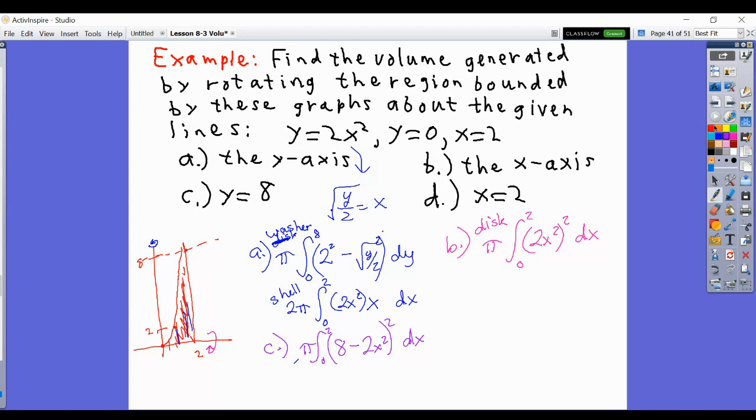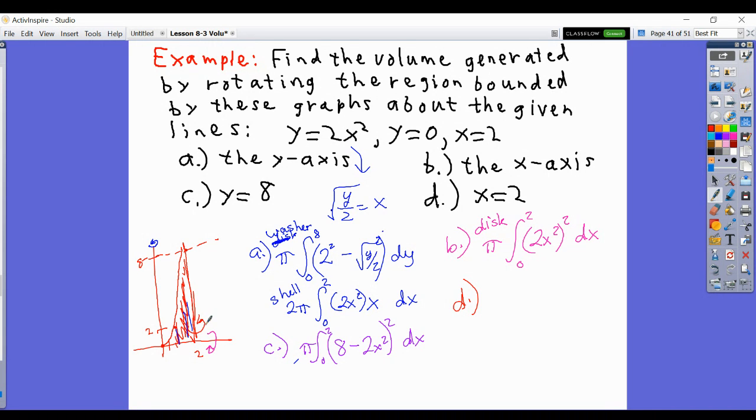Okay, D. For part D, we want to spin around x equals 2. We're going to spin this direction and get like this pointy triangle shape. And this one is kind of related to A. We can basically do it like A, but shift. So let's see.